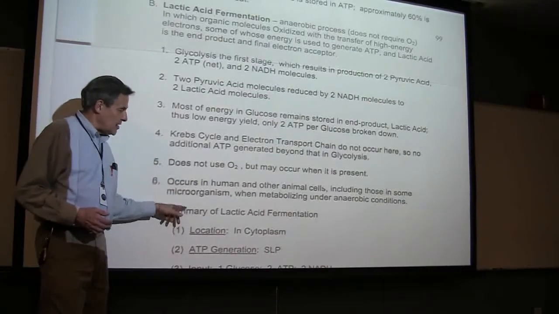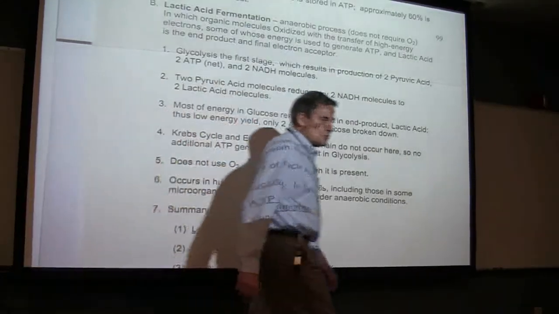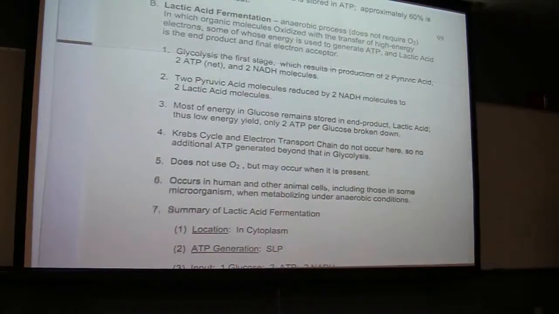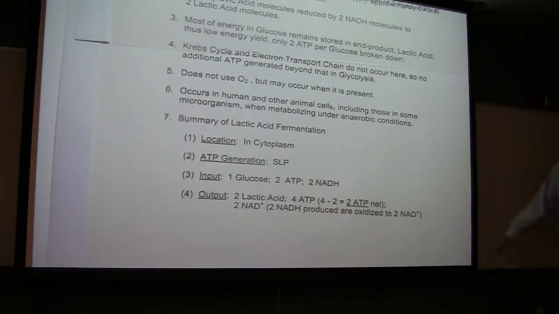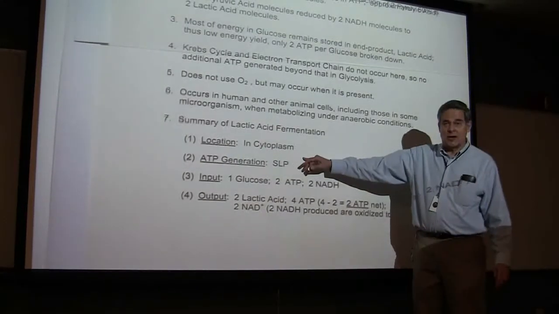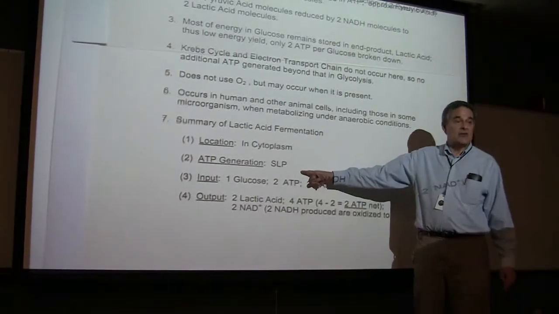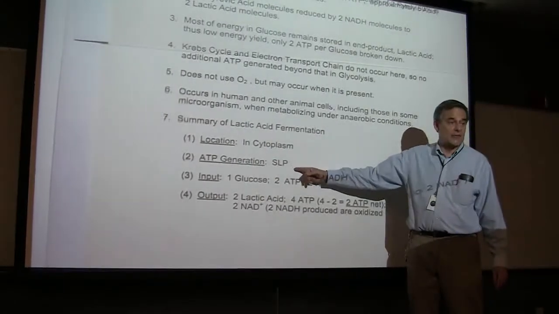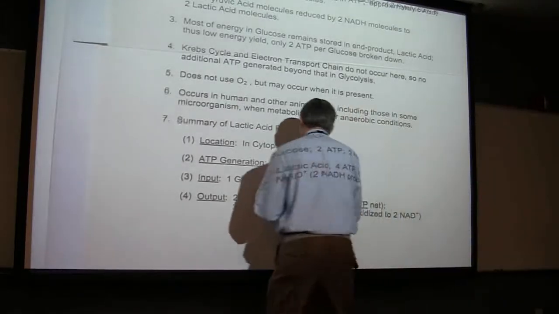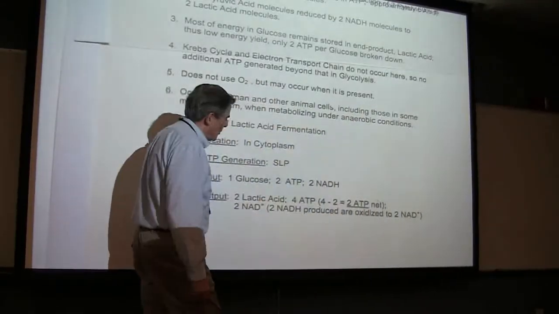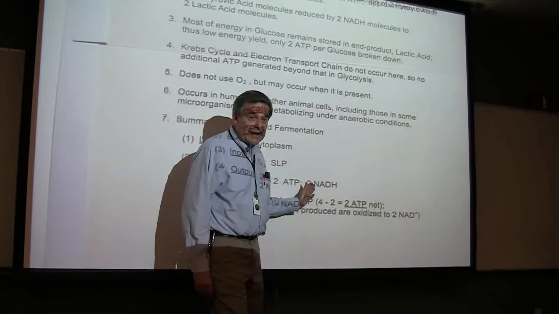And again, the summary of lactic acid fermentation, which is already clear now. You can see it occurs in the cytoplasm because we're talking about glycolysis. Again, ATP generation, substrate level phosphorylation. Input, 1 glucose, 2 ATPs to keep glycolysis going, and then energy from 2 NADHs.